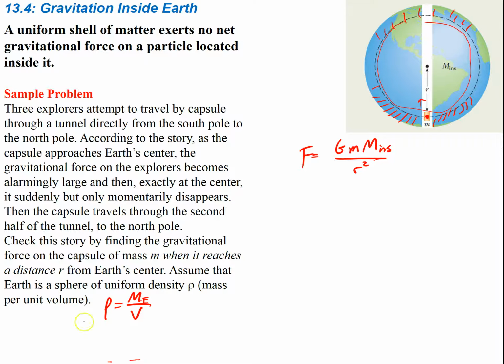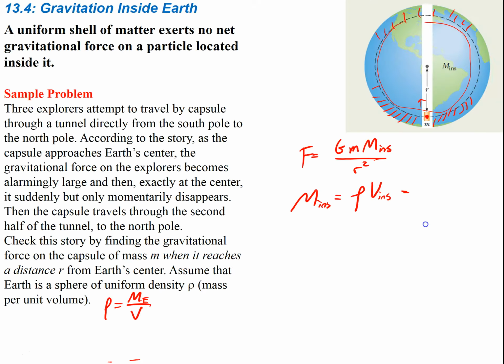Like I mentioned earlier, the mass of the inside is just going to be the density times the volume. So if I multiply V by both sides, you see that the mass of the Earth is equal to its density times its volume. And this is, again, just the volume of the inside of the Earth.